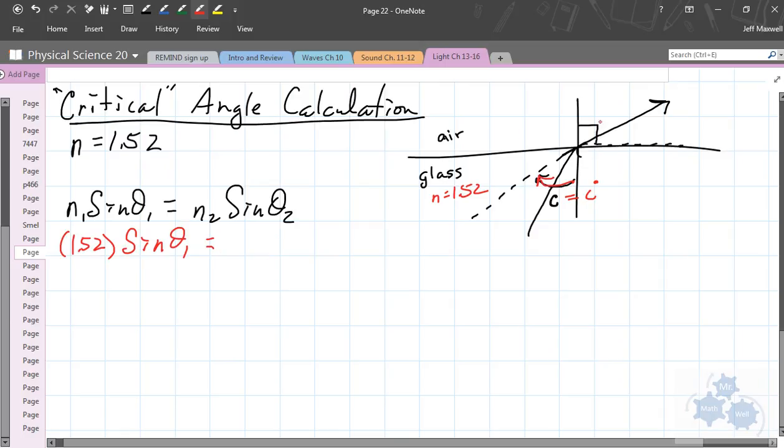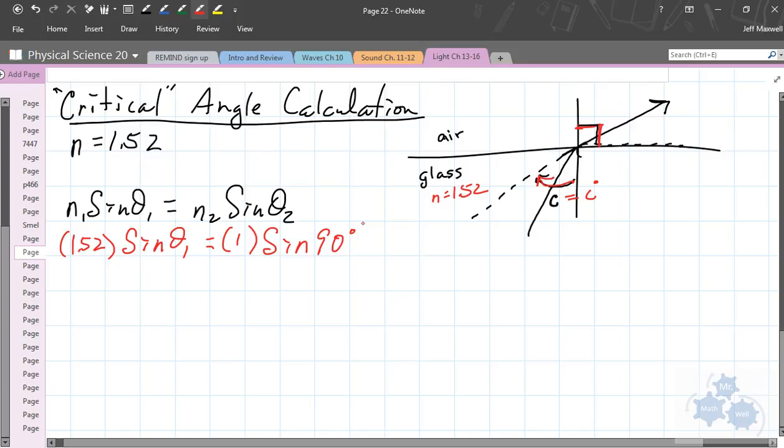The n2 for air, we're going to say is just 1, and we're going to use 1 from now on because I think the textbook does, and for our sig figs, the 0.0003 doesn't really matter. So in air, we're going to treat that index as 1. And what's the angle of refraction that we're looking for? 90. Yeah, sine of 90.